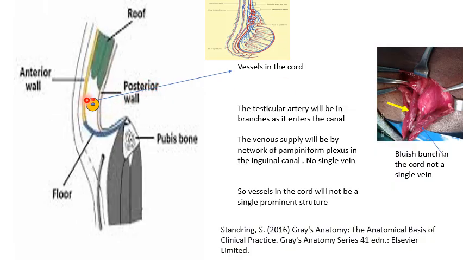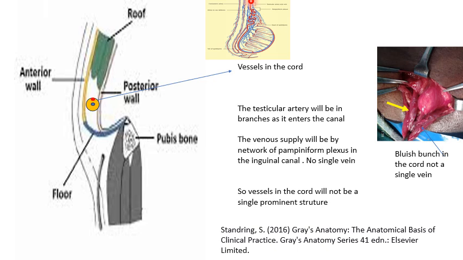Now, coming to the cord structures. This is the canal. You have the cord inside. So you'll have the venous drainage and the arterial supply. If you look at it keenly, the venous supply is a plexus of veins in the inguinal canal up to the internal ring.